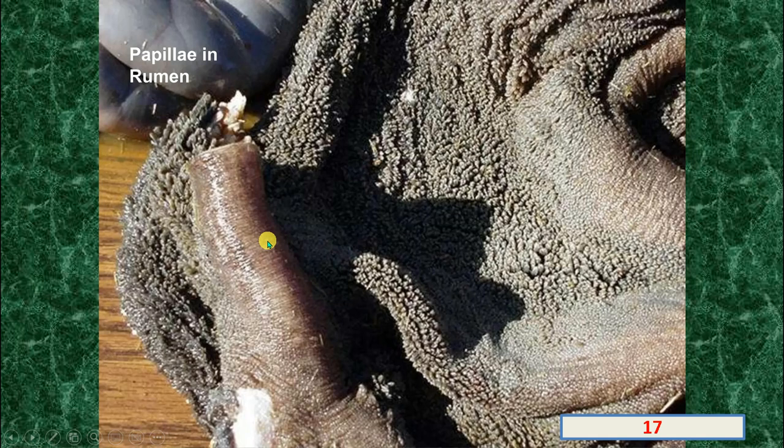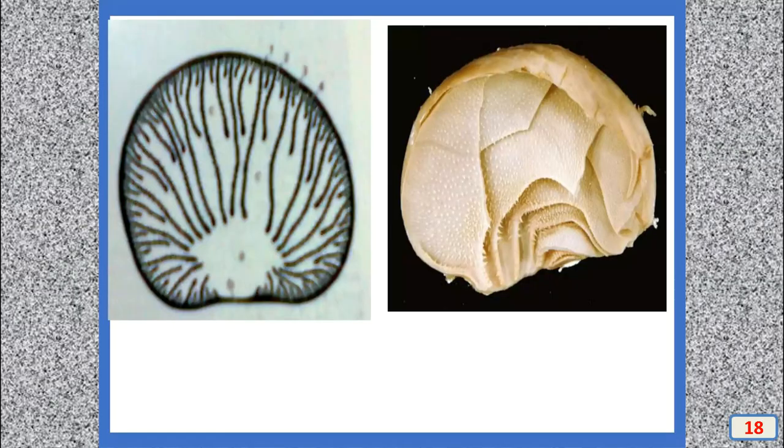The main job of the papillae in the rumen is to absorb the volatile fatty acids and also the different nutrients.